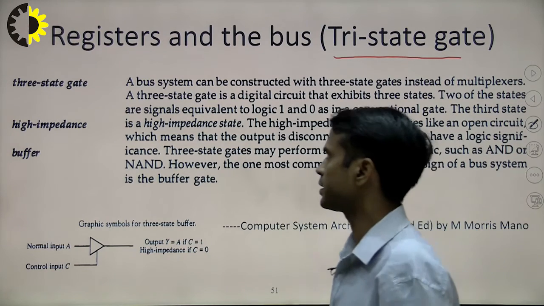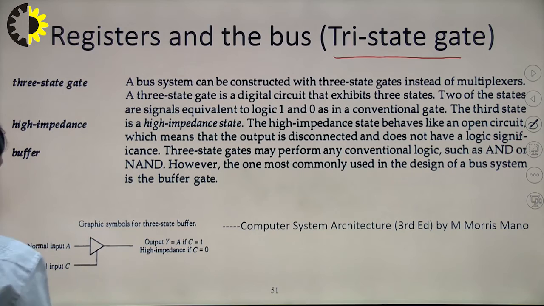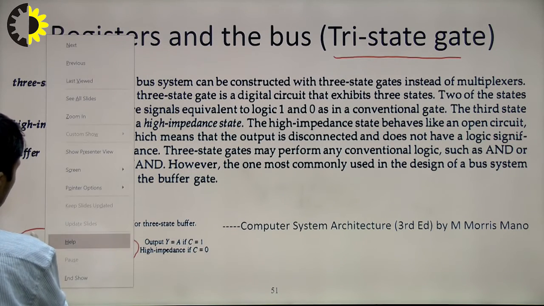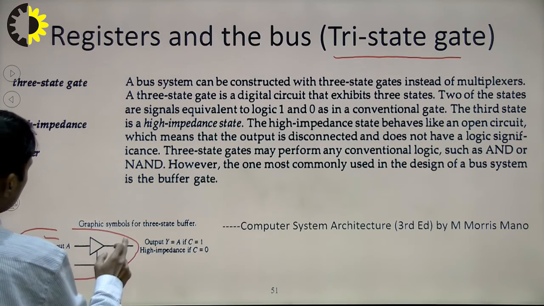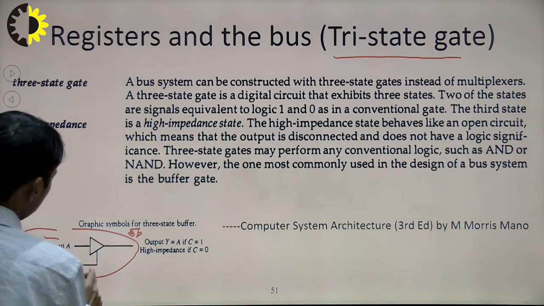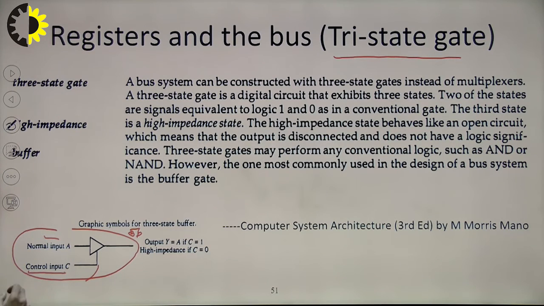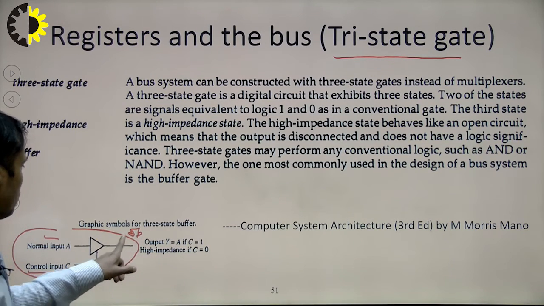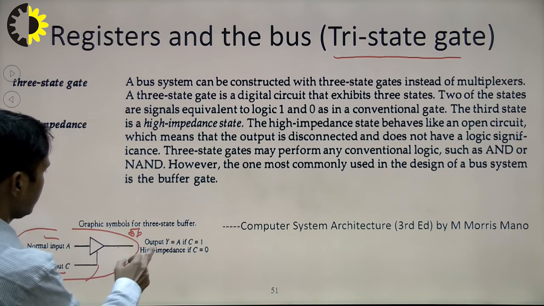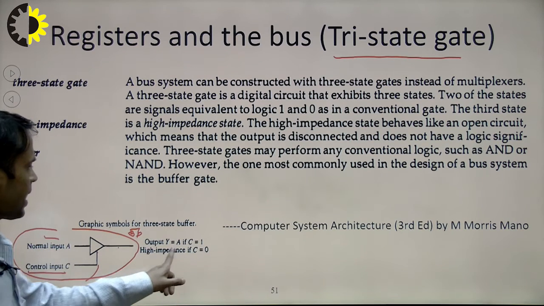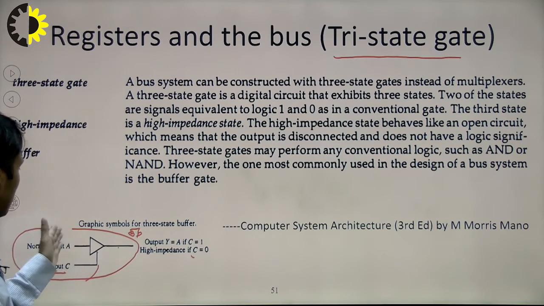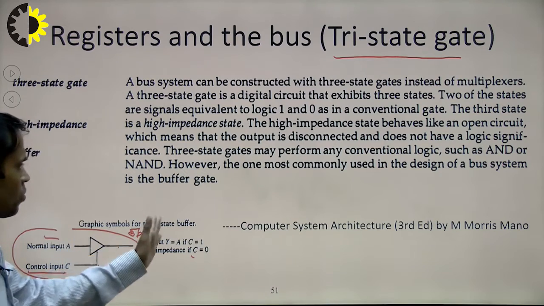We can see here the tri-state gate has one input, one output, and there is a control input C. When this control input C is 1, the output becomes A, that is the input, and when it is high impedance, C equals 0, it is disconnected. So, the input does not go to the output.